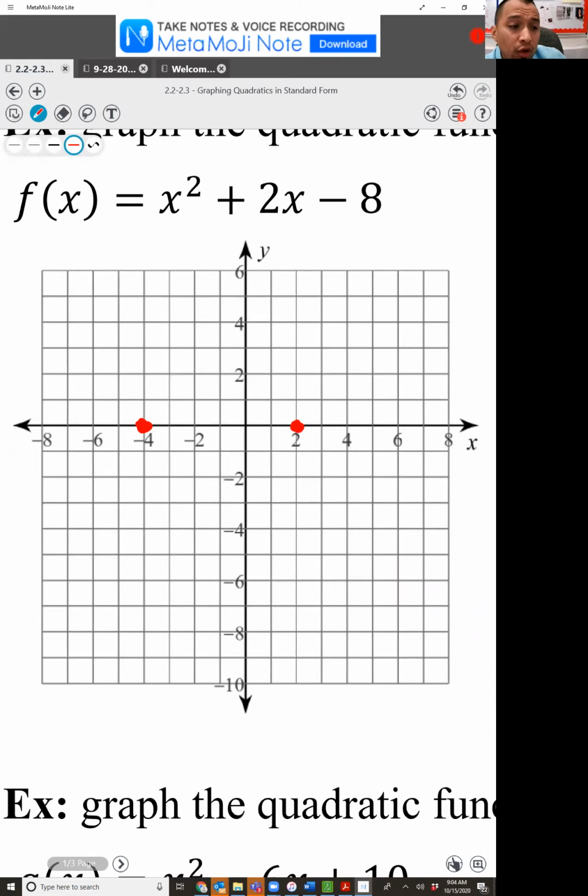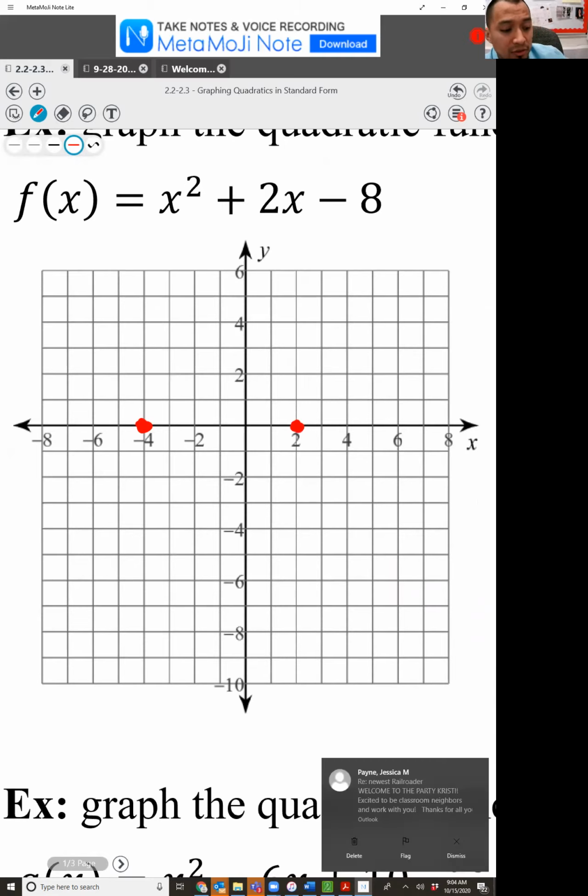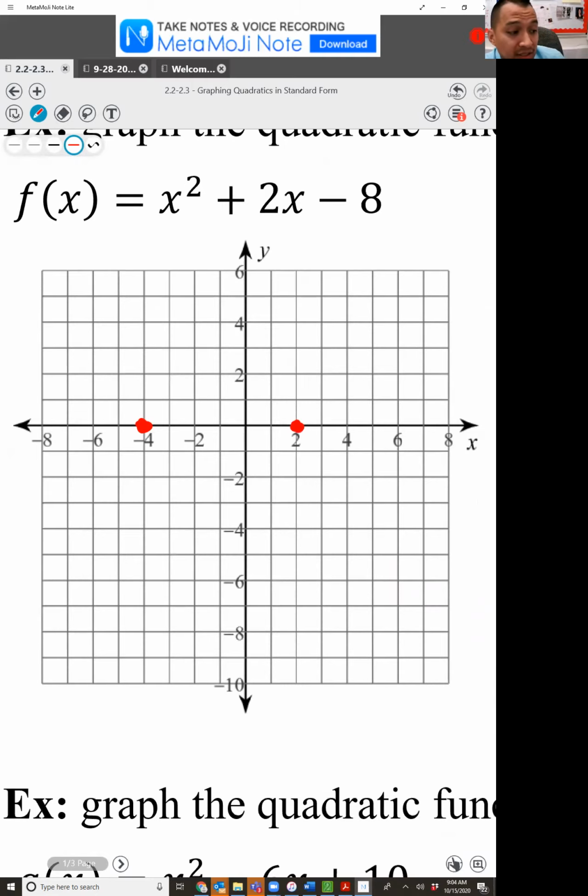And if you remember, my axis of symmetry passes through the middle of my function, which is exactly in the middle. So all I have to do is basically just count. 1, 2, 3. And I can see that at -1, it's my middle, which means that at -1, I have an axis of symmetry.